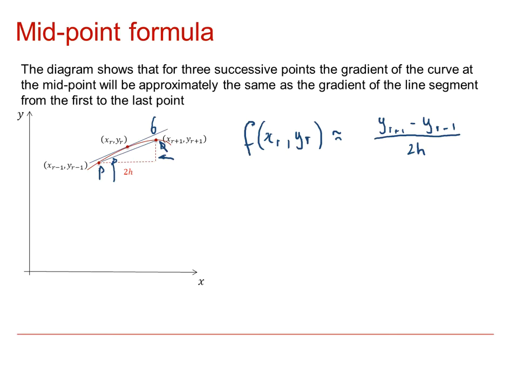And that then can be rearranged to show that the value of yr plus 1 is equal to yr minus 1 plus 2h multiplied by the gradient at that midpoint, f of xr, yr.